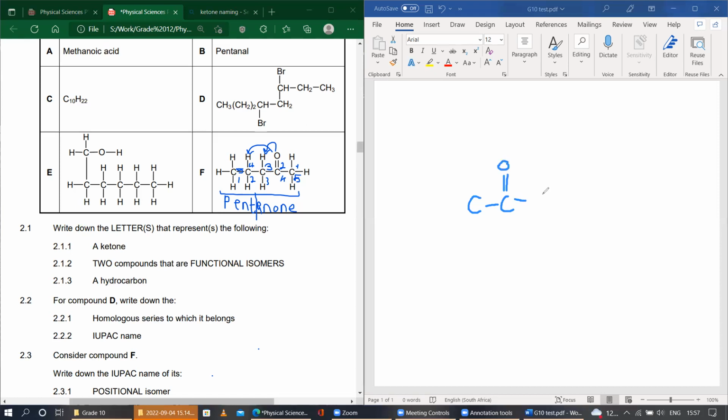And this here. This. And there's going to be a carbon there now, and 2 carbons here.